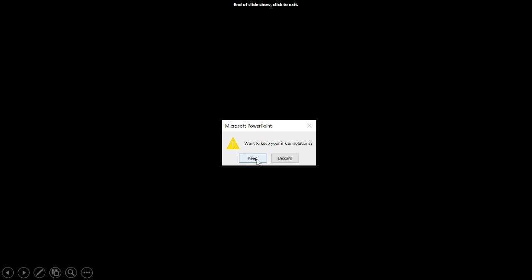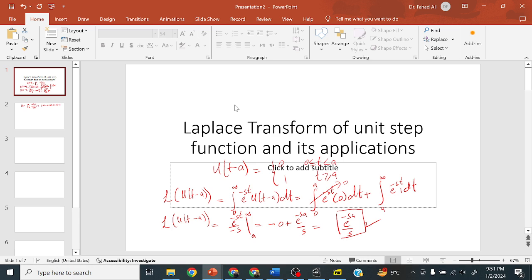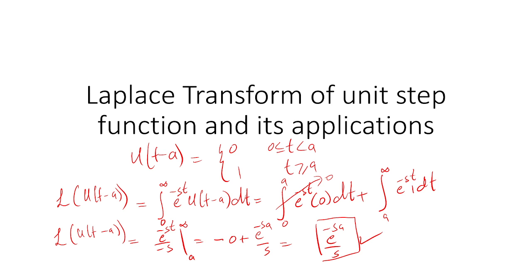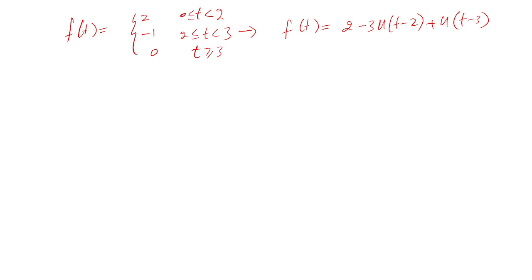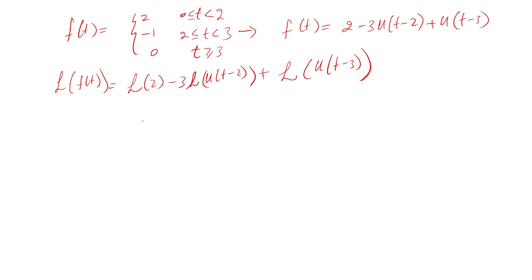Now we want to find the Laplace transform of this function. The Laplace transform of f(t) will be equal to the Laplace transform of 2 minus 3 times the Laplace transform of the unit step function u(t minus 2), plus the Laplace transform of the unit step function u(t minus 3).